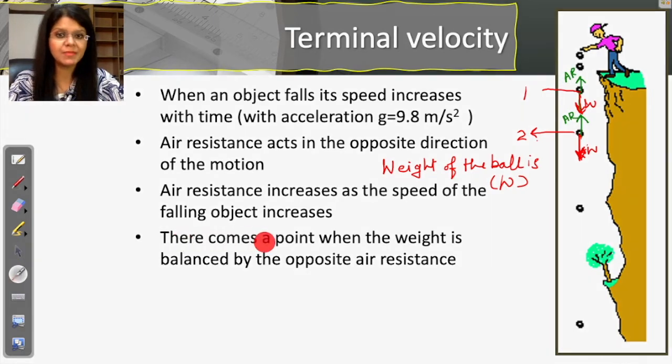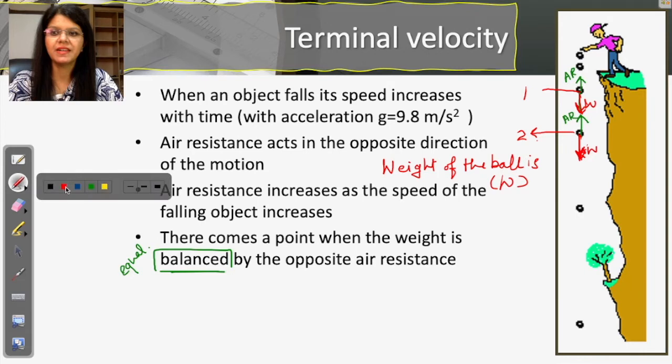Now there comes a point when the weight is balanced by the opposite air resistance. Weight is balanced means they both become equal. What does balance mean? Equal. Let us balance them. So there comes a point.